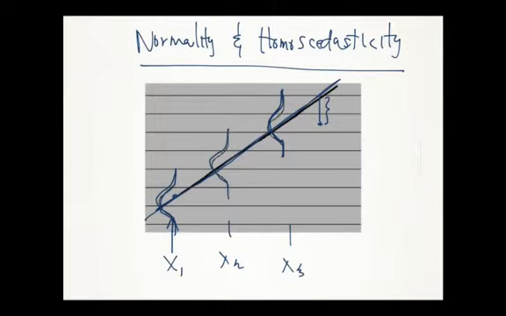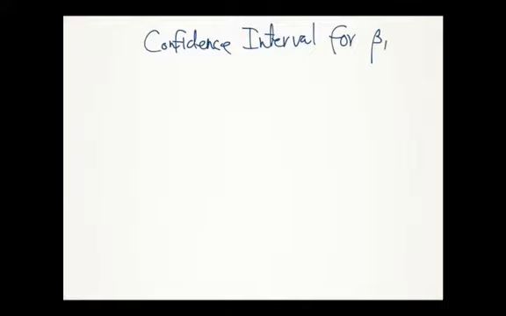Okay? So now let's talk about confidence intervals. Remember, we're most interested in the slope, beta 1. So we can construct confidence intervals for these regression coefficients using our t-distribution. So what does it look like?